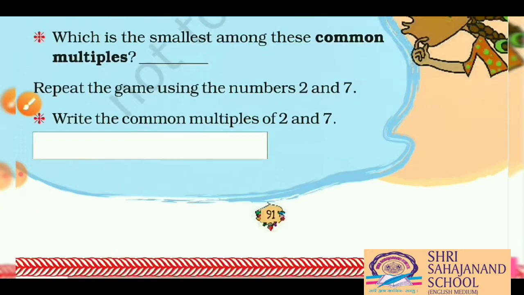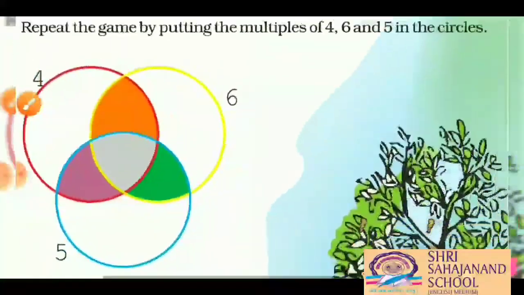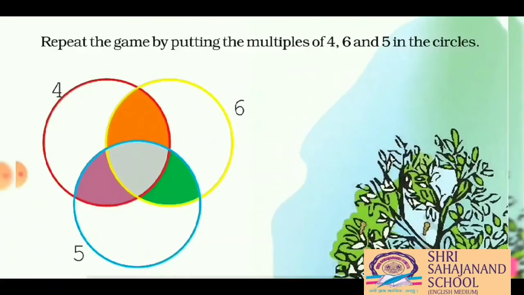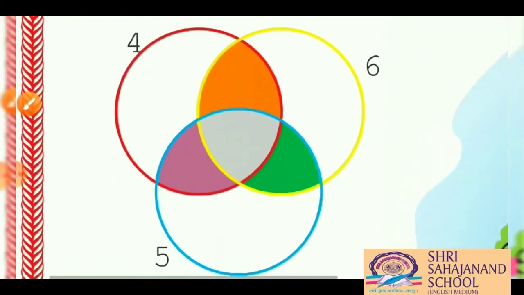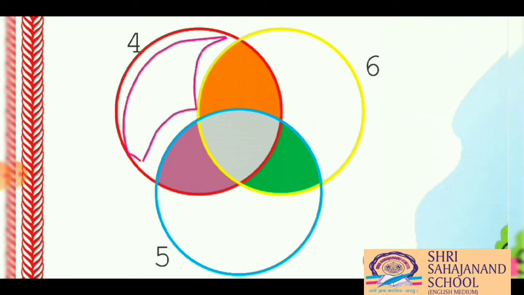Now on the next page, repeat the game by putting the multiples of 4, 6 and 5. That activity we did with 2 numbers; now we have 3 numbers, 4, 5 and 6. So let's do it with 4, 5 and 6. What do we have to do? First we have to observe this circle. The red circle, only this part, is where you will write the multiples of 4.